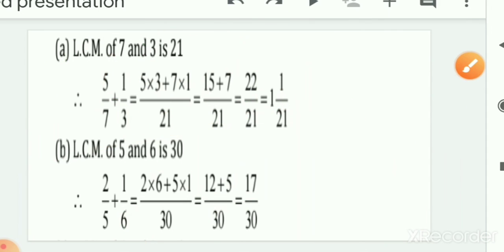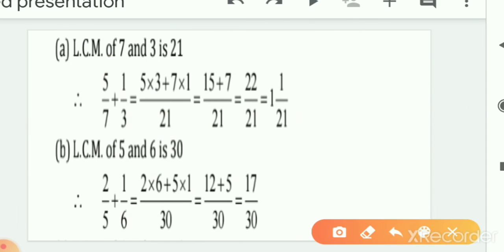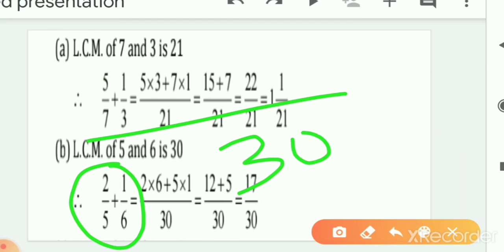Okay, again I am solving the same question for you. It is 2 upon 5 here and 1 by 6. First of all take the LCM of 5 and 6. It will be 30. Now 2 will come as it is. Now you check, in the table of 5, 30 comes how many times? 5 6 ja is 30.